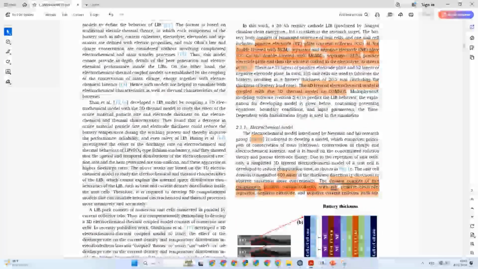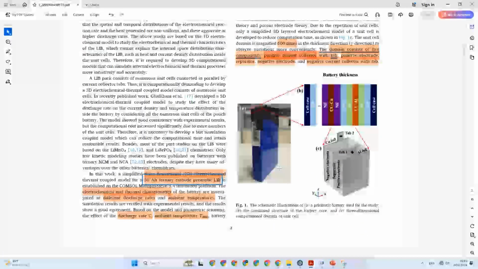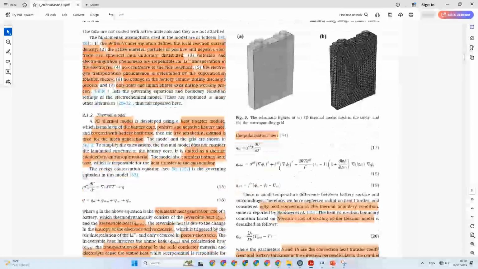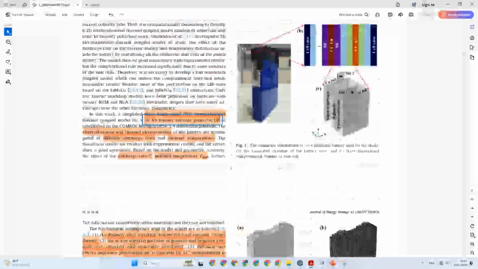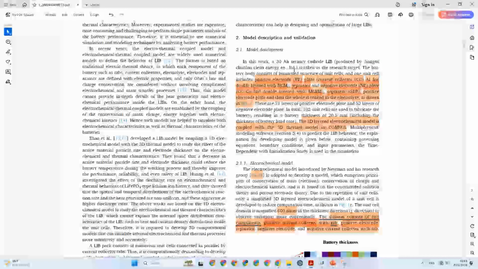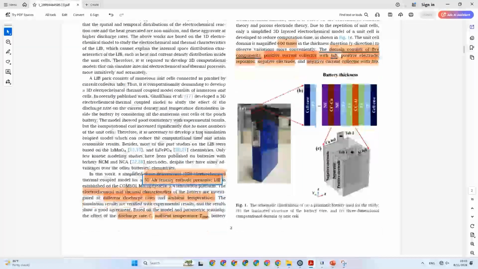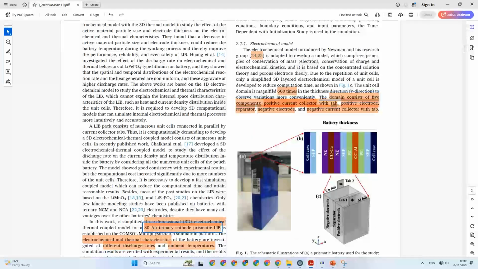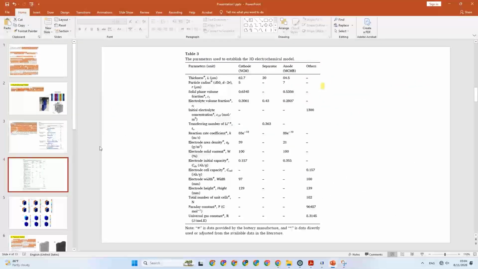They talk about magnifying 600 times. Yes, here 600 times thickness is magnified. It must be multiplied to 600. Maybe.